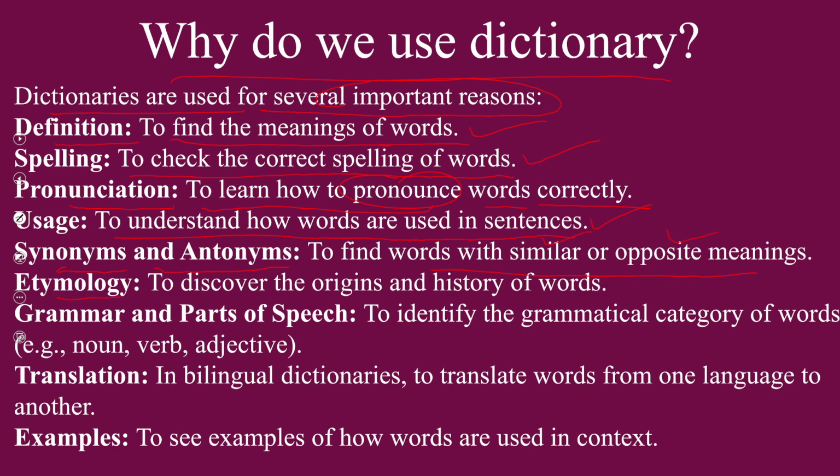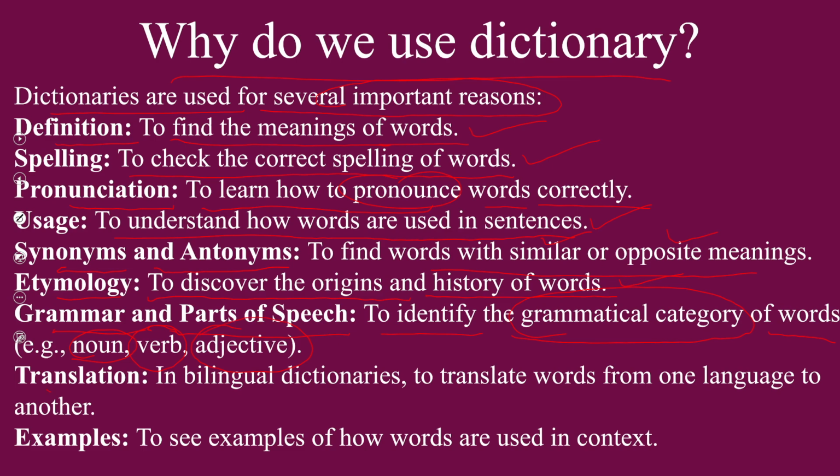Let's talk about etymology, or the origin of the word. So we discover the origins and history of words. Also, we look for grammar and parts of speech to identify the grammatical category of words. For example, whether a word is a noun, verb, or adjective, and so on.